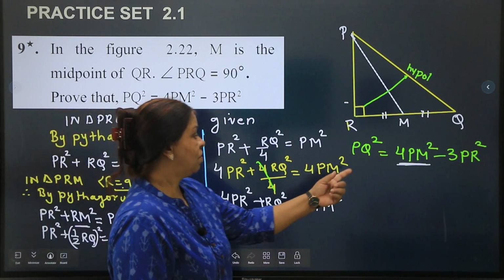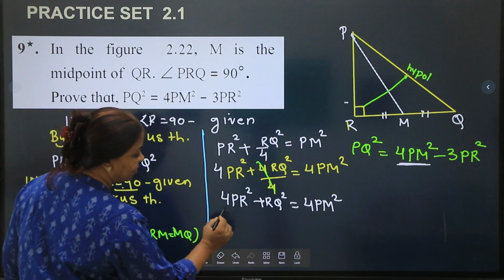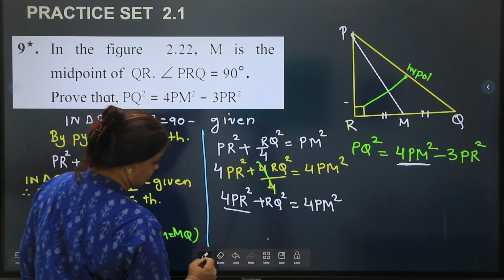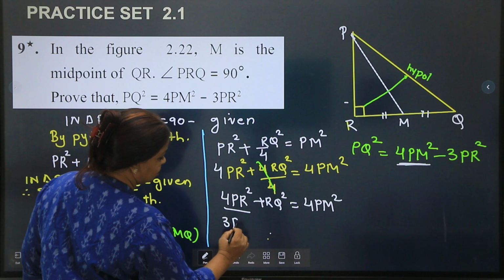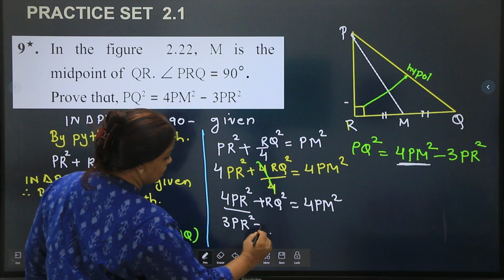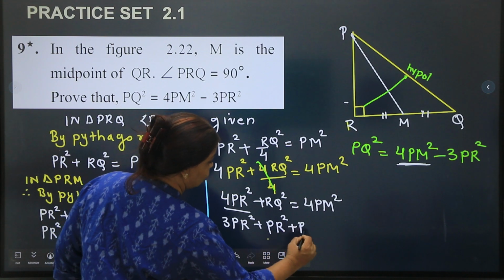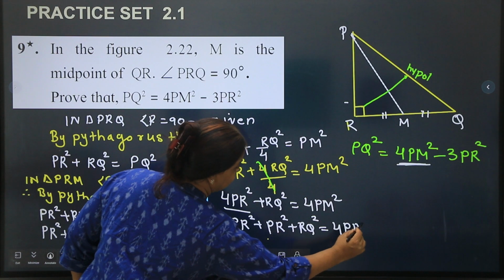Now I want PQ square is equal to 4 PM square minus 3 PR square. Now I will bifurcate this: 3 PR square plus PR square plus RQ square is equal to 4 times PM square.